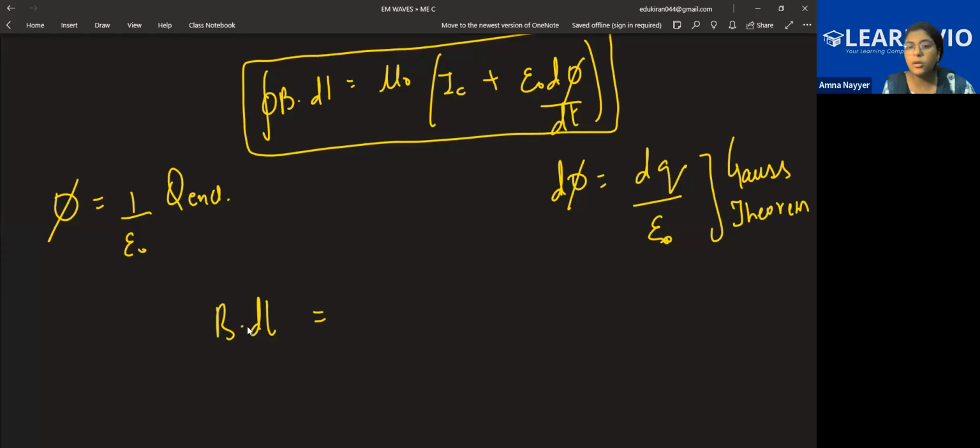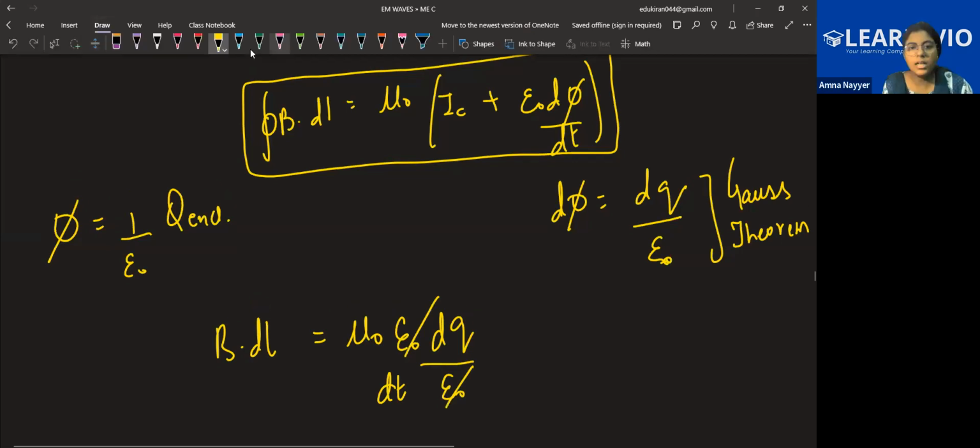So when we are talking about B dot dl, this mu naught will come. IC is already there, I'm not mentioning it right now. Epsilon naught is there. I'm just solving the displacement current part. For d phi, I can write dq over epsilon naught by dt. This dt is present, it means epsilon naught will be cancelled. And what is dq over dt?